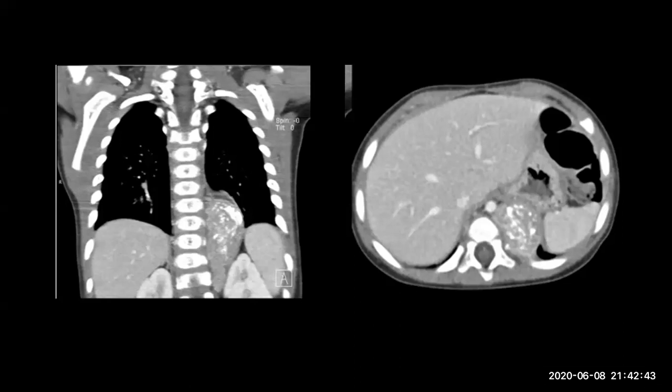Okay, what are the markers we want to search for in this patient? Any markers we want to look for? MIBG, yes. Is it negative or positive? It should be positive because it secretes catecholamines.